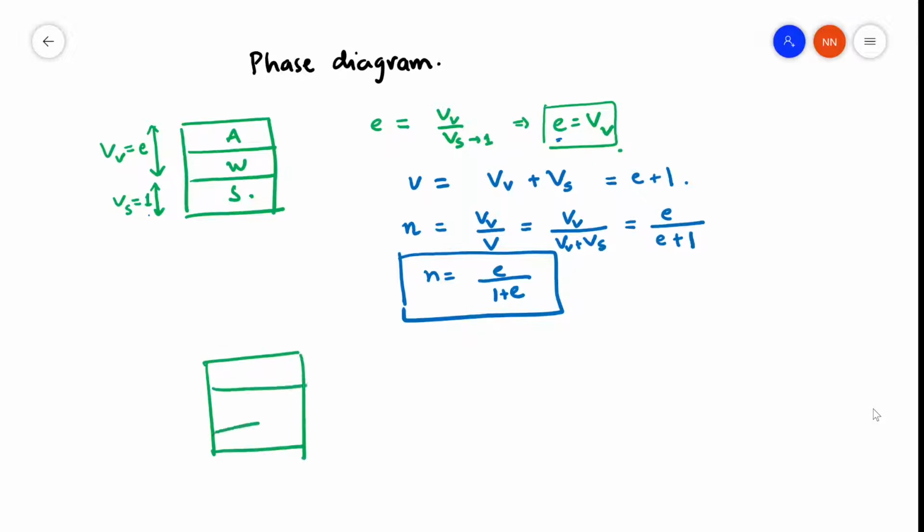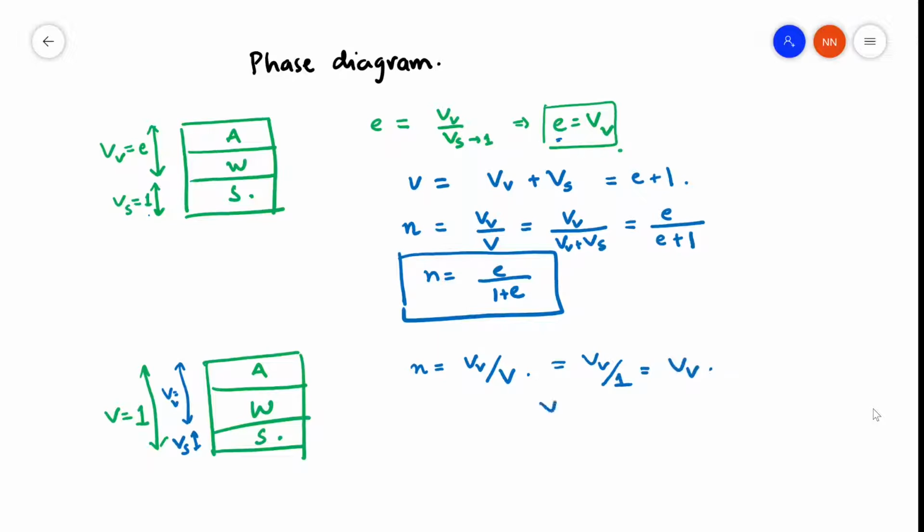So we have the air, water, and solids again. And this time, for the sake of simplicity, let's assume the total volume equals 1. Now, according to the definition of porosity, N equals volume of voids over the total volume. So this is the volume of voids and this is the volume of solids. So if N equals VV over V and the total volume is 1, so this is VV over 1 equals VV.